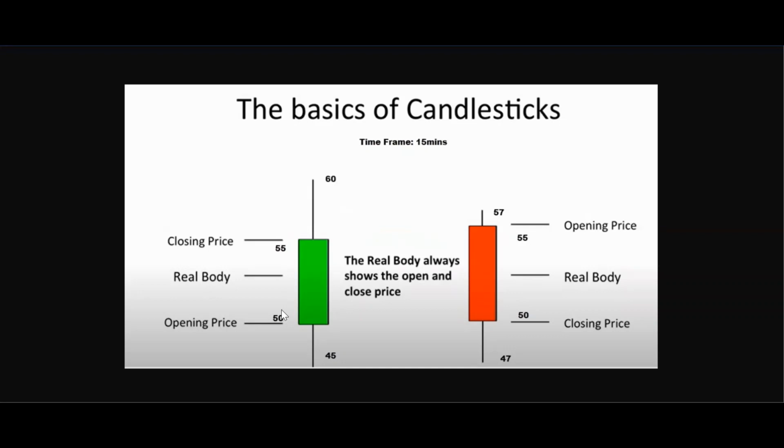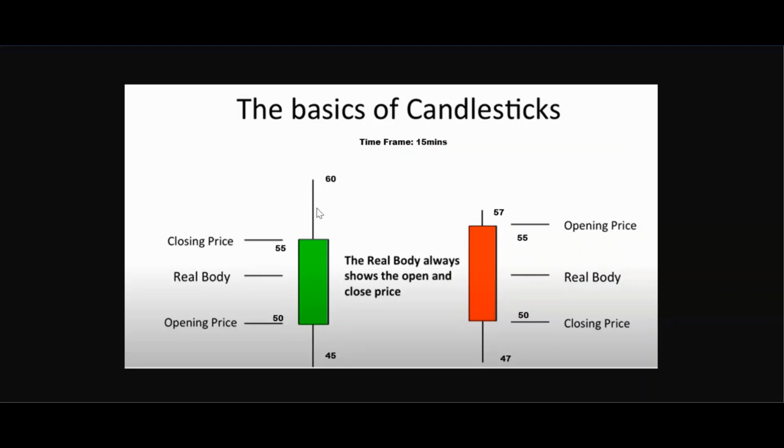This green candle has started at a price of 50 rupees and has fallen to 45, which is the low, and then started moving up and has made a high of 60, which is the high price, and then finally made some fall towards the closing, which is 55. So here the real body has started at 50 and finally ended at 55, even though the highs are 60 and 45. So always the real body lies between the opening price and the closing price of the candle.